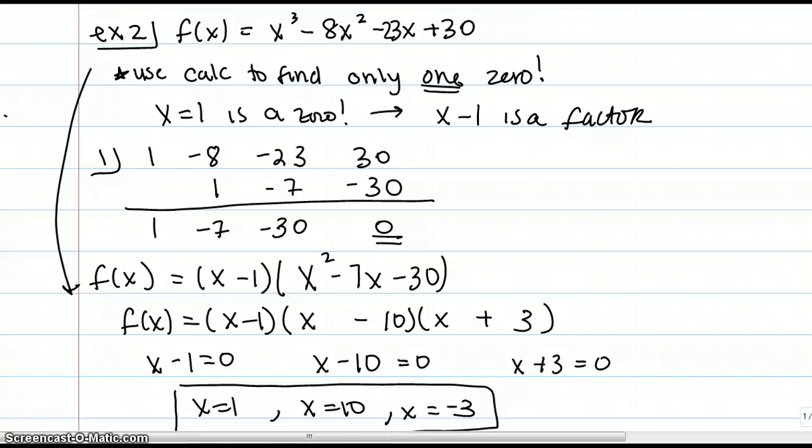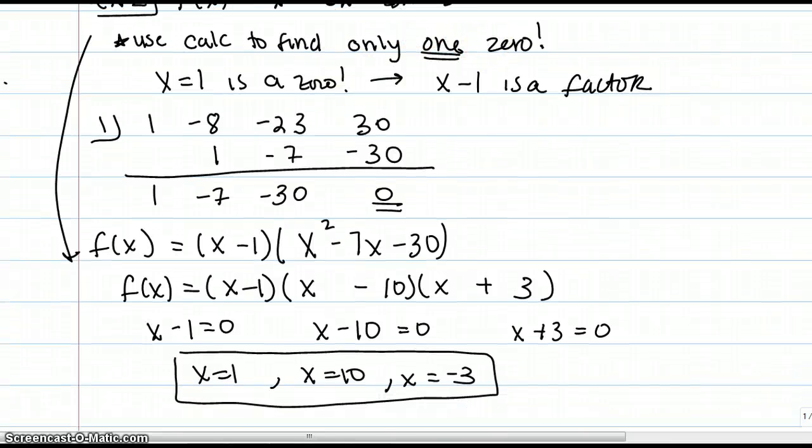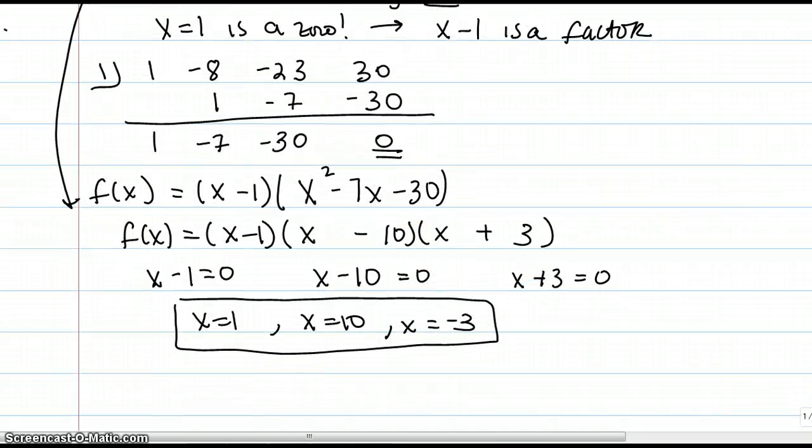First, I found one of the zeros on my calculator. Remember, only one on the calculator. Then I used that 0 for synthetic division to find the rest of my polynomial. Once I divide my original polynomial by x minus 1, what I have left is x squared minus 7x minus 30. And from there, I can find my solutions.